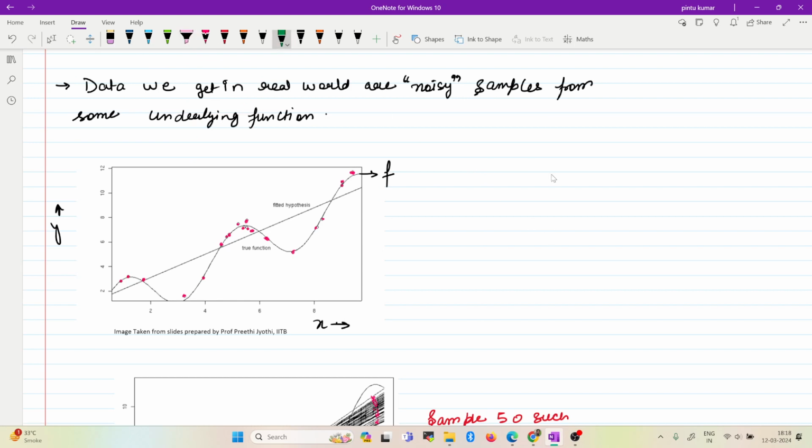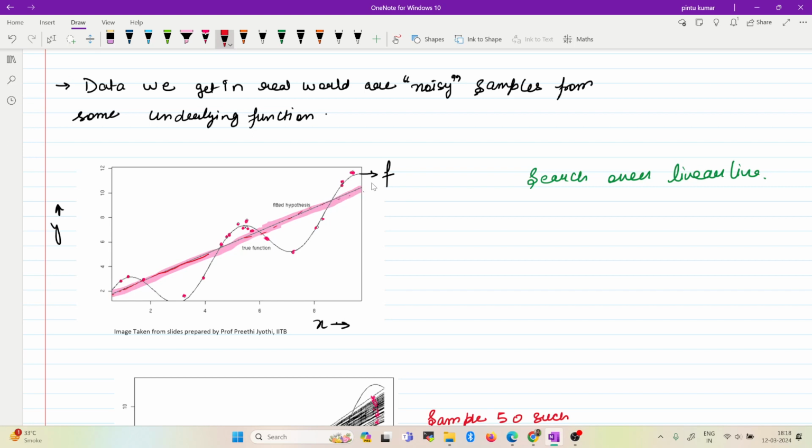Let's say we want to search over only linear lines. So what we would get is this solid line that I'm drawing. It is already drawn, I'm just highlighting this line. So the line that would fit these pink points would be this line that we have drawn over here.